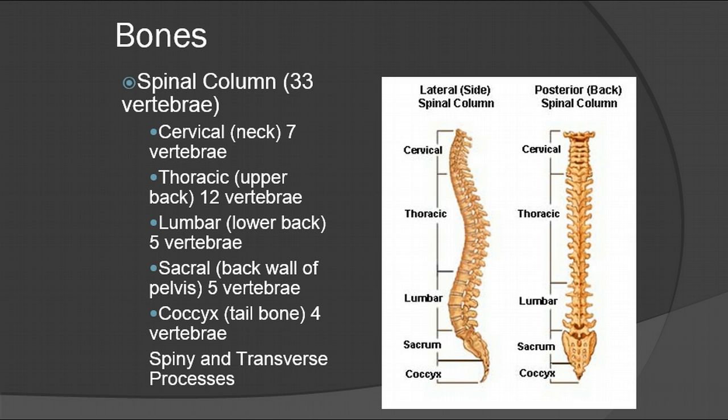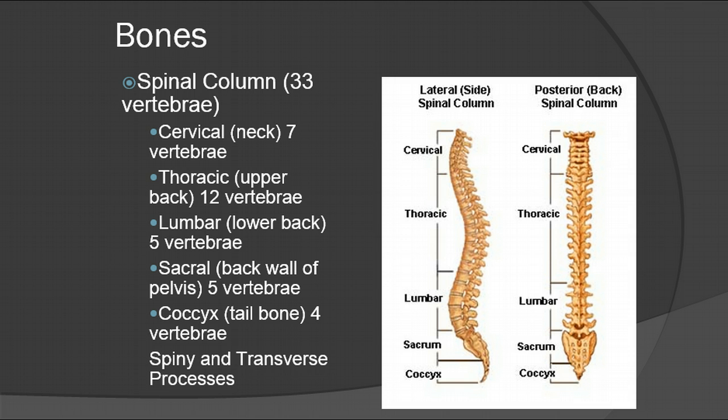So if you have a cervical injury, it may possibly have an effect on your spinal cord, which would then translate into some other issue that you might have with a function of your body.